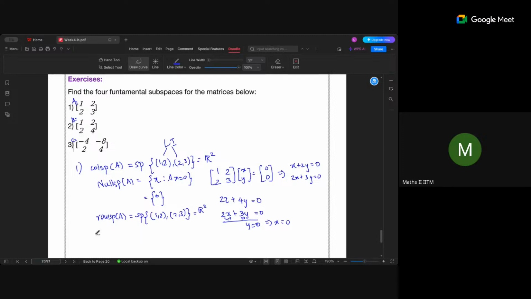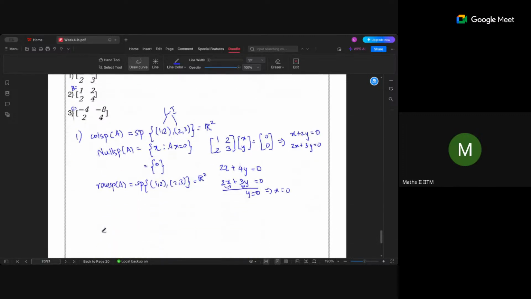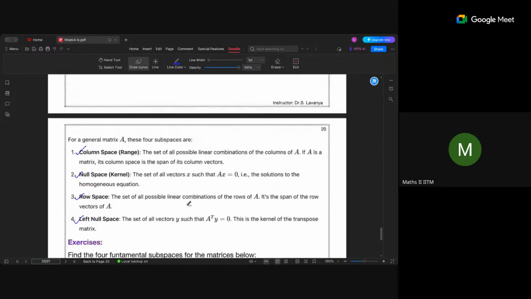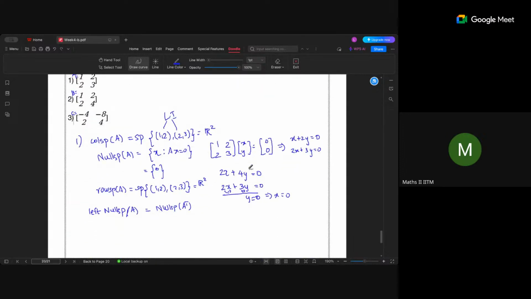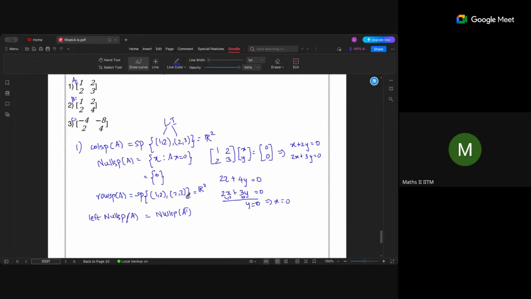And what about the left null space of A, or let us say the null space of A transpose? That is what we have seen. Left null space and null space of A transpose are the same. So let us compute the null space of A transpose.